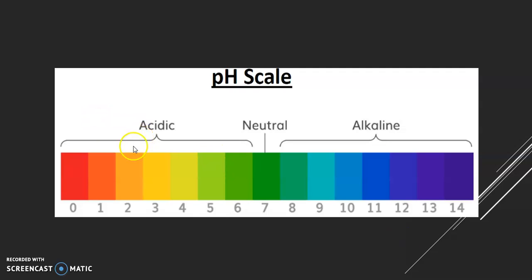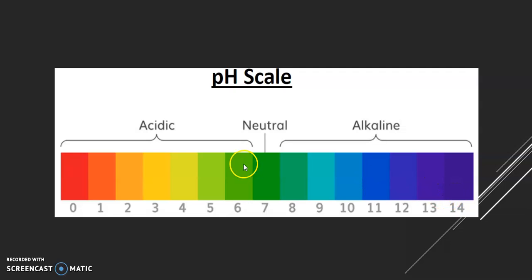An acid in the pH scale has a value that goes from 6 to 0. An alkaline or base solution has a pH that goes from 8 to 14. And any neutral solution has 7. Together, they add up to 14. That means that the pH scale goes from 0 to 14.